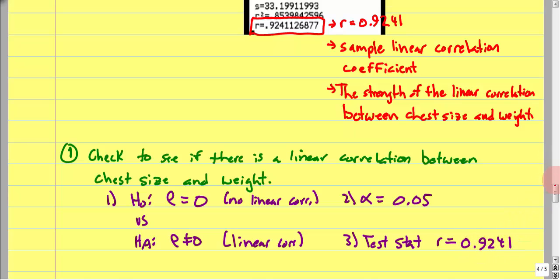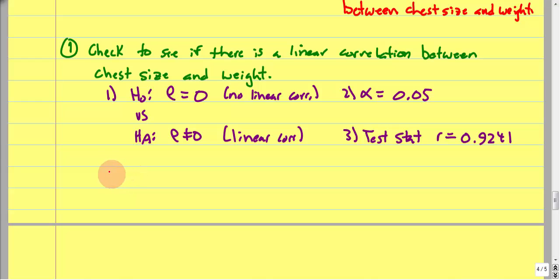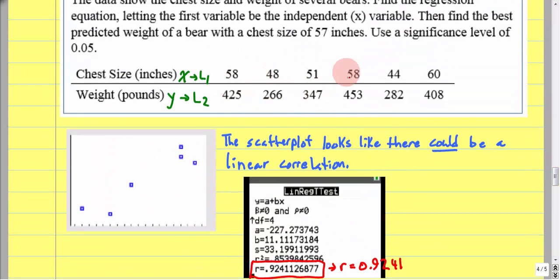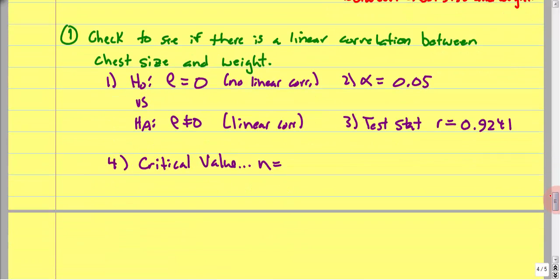Okay, let's go ahead and look at our critical value now. In this particular case, for my critical value, I need to know two things. I need to know my sample size, and if I look up here, my sample size was 1, 2, 3, 4, 5, 6 pairs. So my sample size is 6, and my alpha value is 0.05.